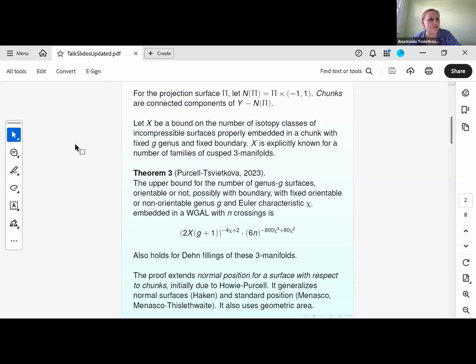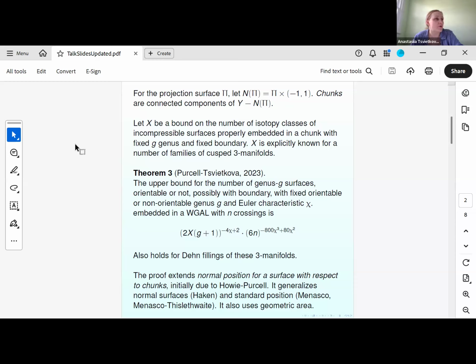And these chunks can have complicated topology because you're almost in an arbitrary three-manifold. You have to think what would be their complexity, what would be the maximal number of tetrahedra you might need to triangulate them. And that often comes as an extra parameter if you want to write a universal bound for the number of surfaces, but it's also known for many three-manifolds.